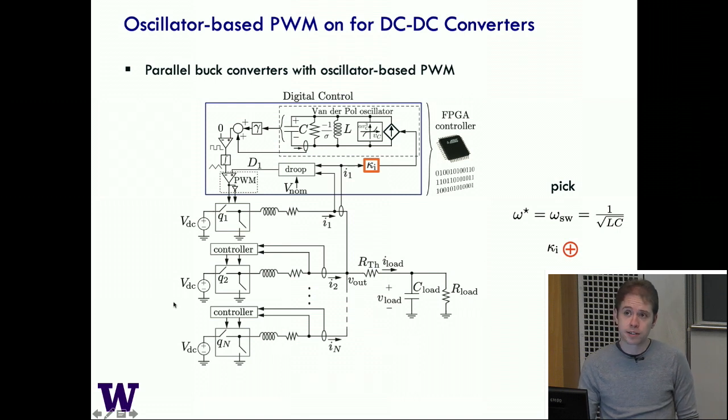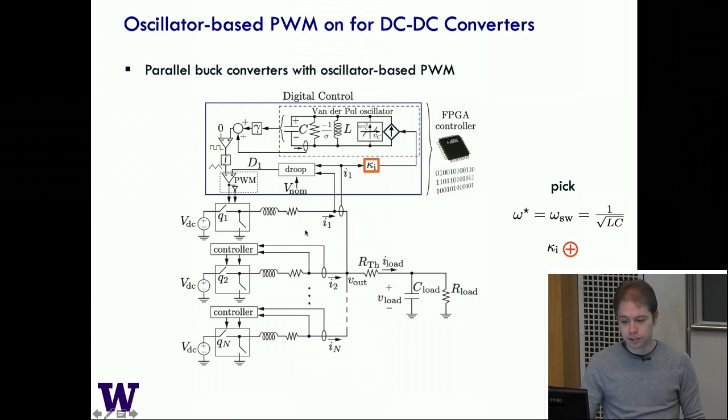This is very similar to what you would see in a CPU power supply. If I were to tear open my laptop and look at the power supply, this would be what's referred to as a multi-phase buck converter, where the multiple phases are multiple buck converters all in parallel with each other, serving that computational load. This is just an abstraction of what that computational load would be consuming.